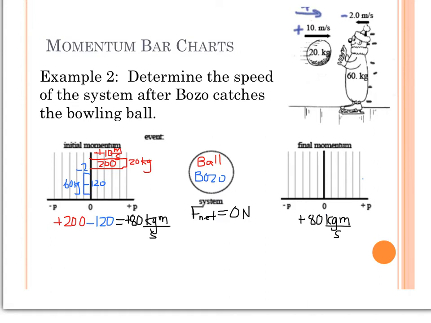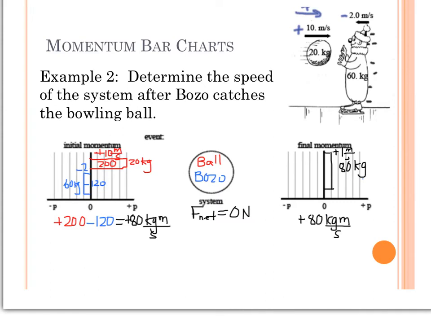If the total mass after they collide is 80 kilograms, and I need the momentum to be 80 kilogram meters per second, then the velocity must just be positive 1 meter per second.